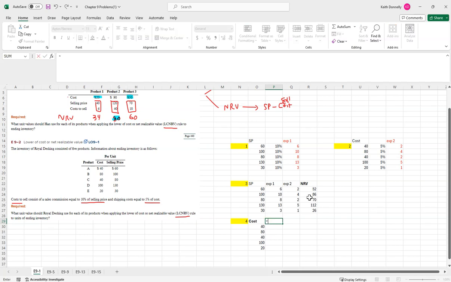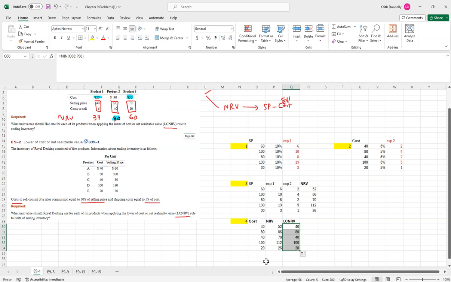With the NRV, that's great. And then we're doing the lower of cost or NRV. All right, so what we can do here is just equal min, minimum, hit tab, both those guys. 40.